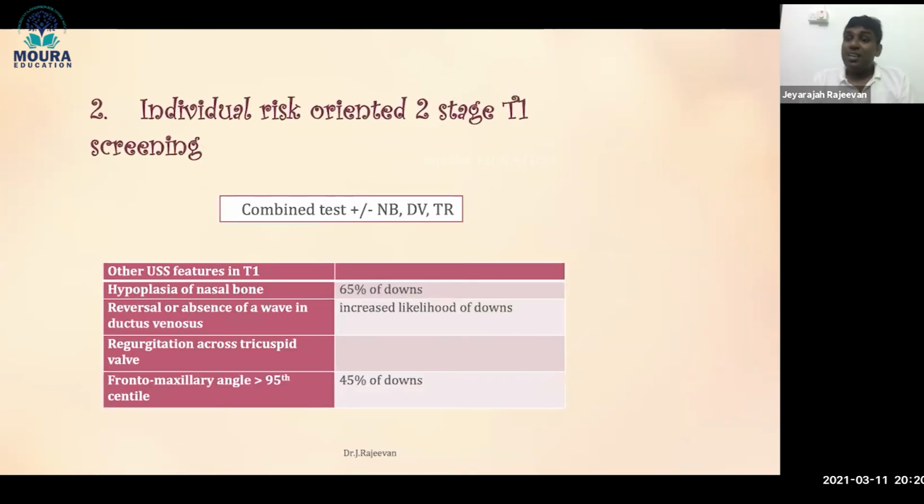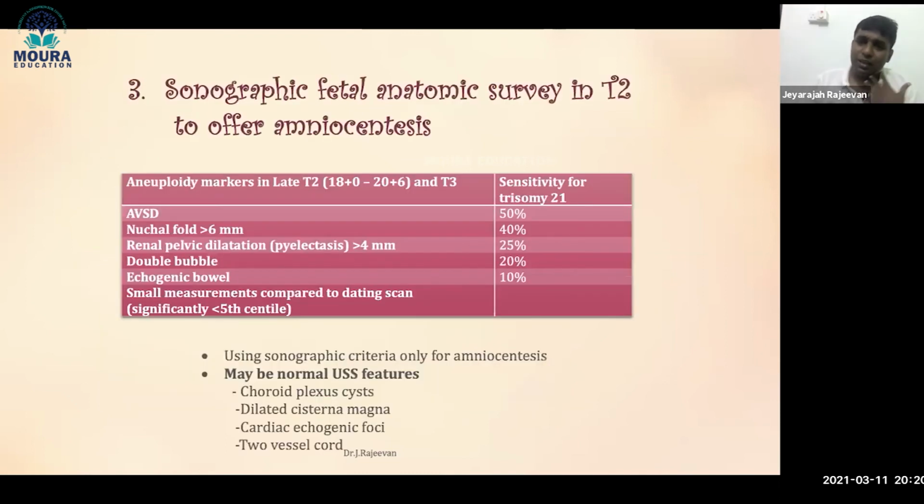Even sometimes a patient might come in later. Maybe the patient did not come in the first trimester, then first trimester screening is not possible. If the patient did not come up to 14 weeks, then second trimester screening is also out. If the patient came a bit later, maybe 18 weeks, 20 weeks, then you can still do some screening with the ultrasound scan.